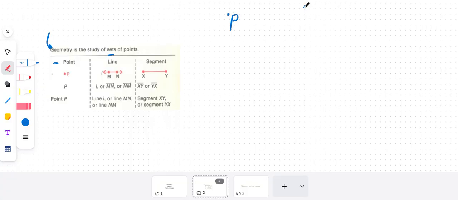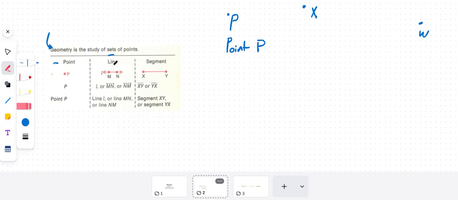If you had another point over here, this point might be point X. Okay, this might be point W. And this is the way we label these things. This point right here we would call point P. That's how you'd say it. What you'd write is just the P. You'd call it point P.